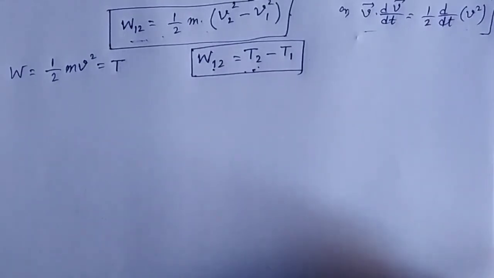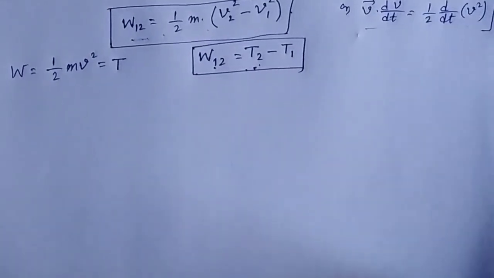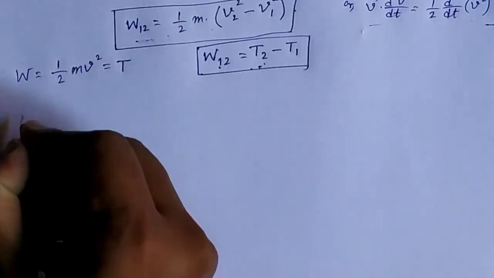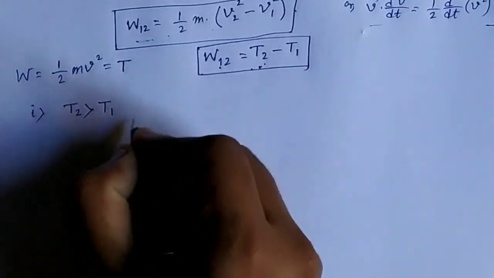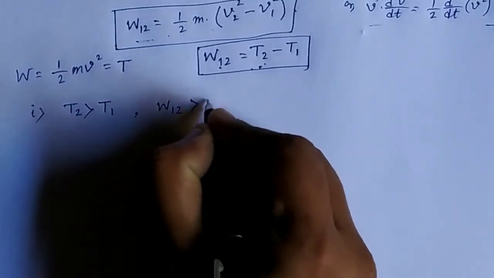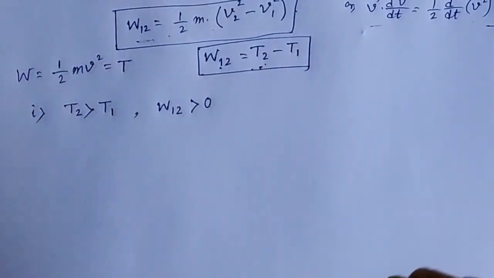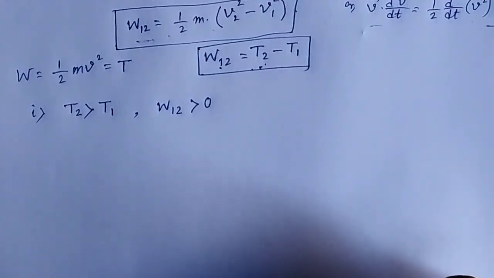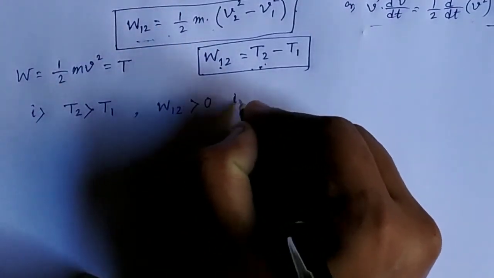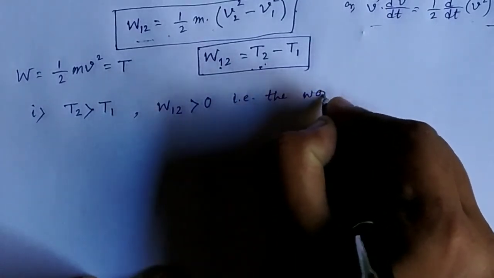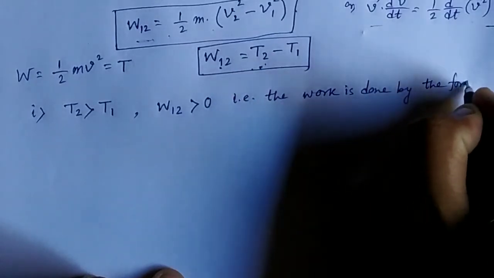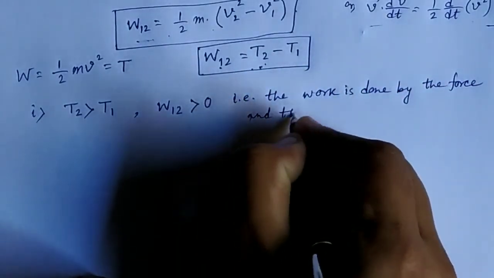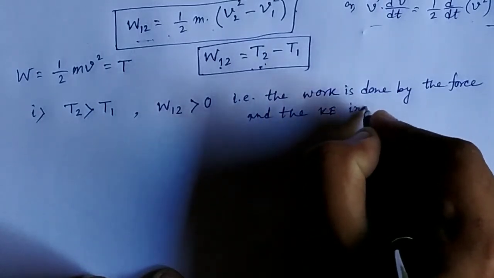Here we have three cases. The first case is when T2 is greater than T1. Then W12 is greater than 0. That means the work is done by the force on the particle and the kinetic energy increases.